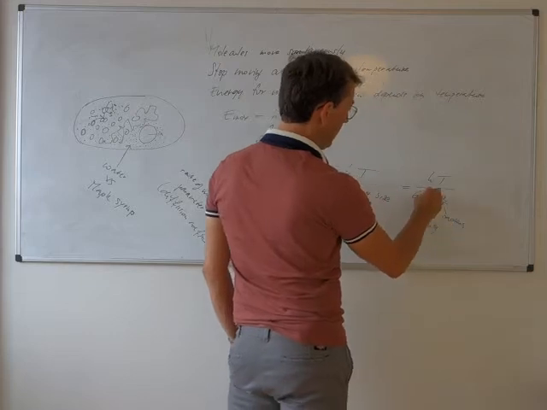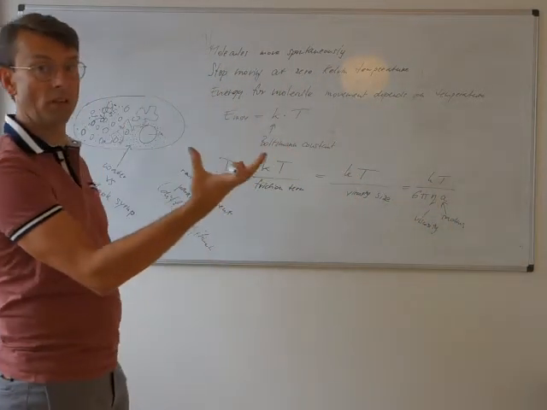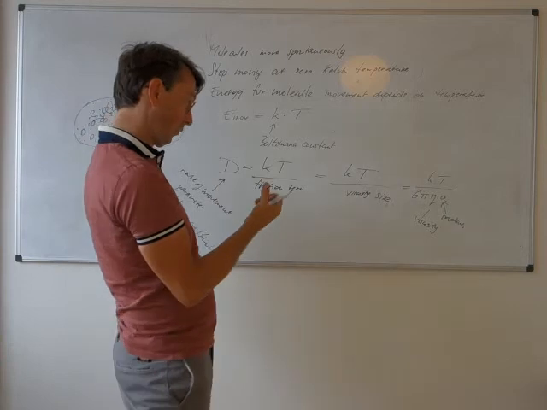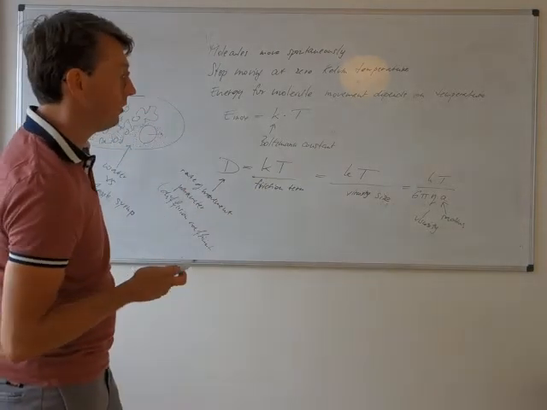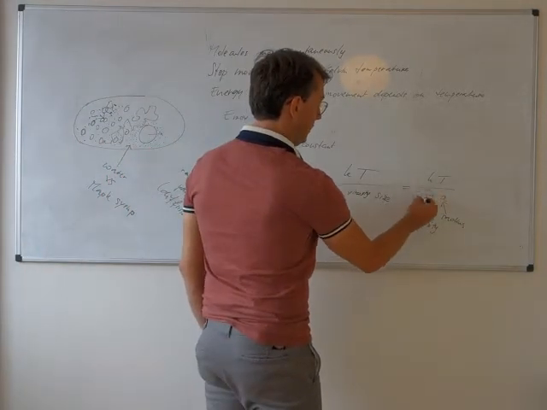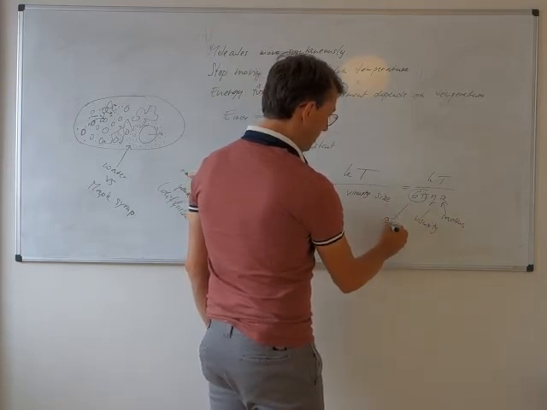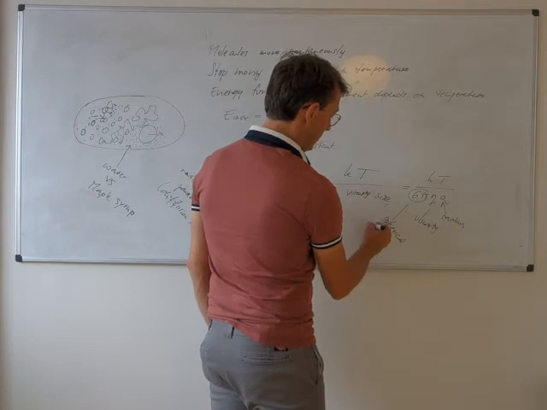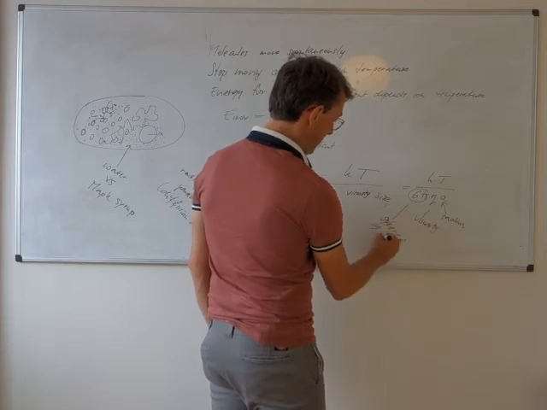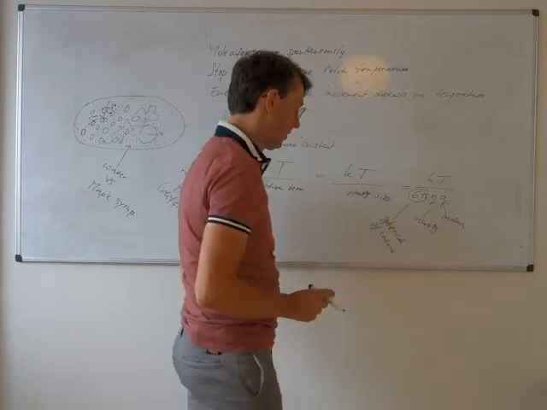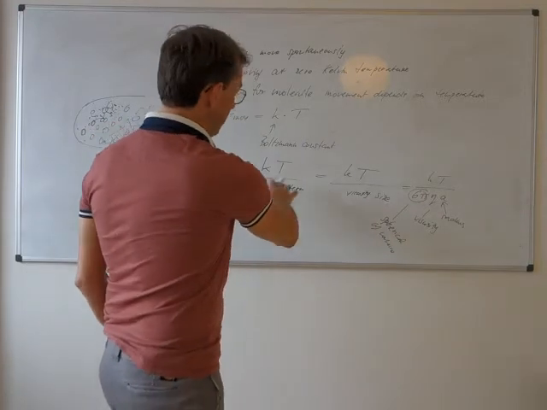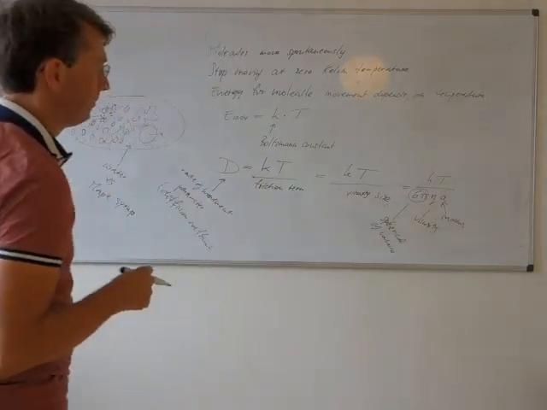And 6 times pi occurs because we're thinking about round molecules, globular molecules, spheres. Because we're talking about spheres, this 6 pi turns out.